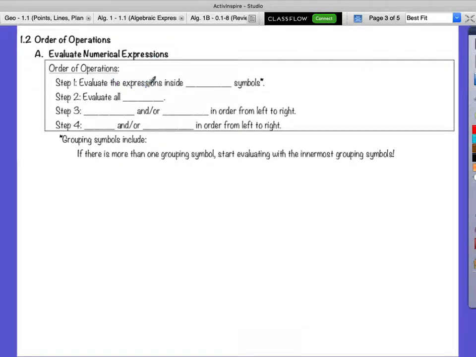So we evaluate the expressions inside, we call this grouping symbols. Okay? We evaluate the expressions inside grouping symbols. Now what did we say the first step was with the P? Parentheses, right? We said parentheses was the first thing in our PEMDAS.